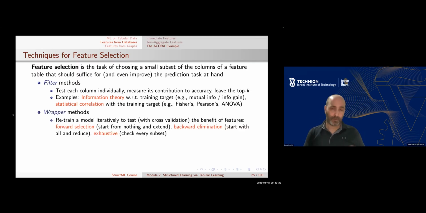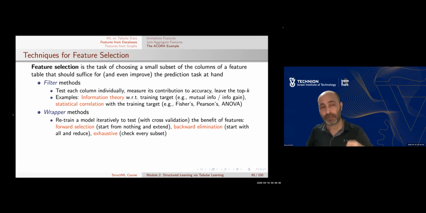Another is a wrapper method, where basically you use your training data and your training process to find out the good features. Okay, so you can think of, well, let's start with nothing, and then each time find the next feature that puts me in the best position, that increases my accuracy in the maximum extent. That will be my next feature.